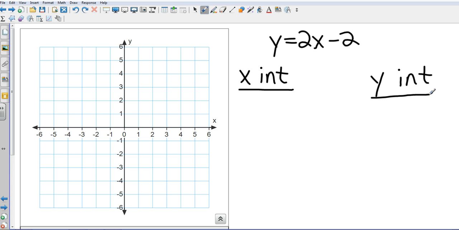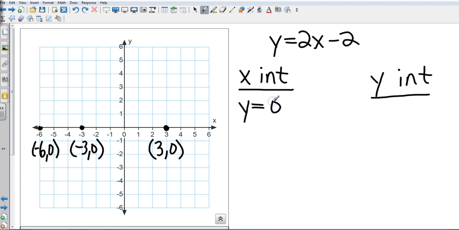If I hit the x-axis, that coordinate is 3, 0. And over here, this coordinate is negative 3, 0. And over here, negative 6, 0. Notice the zeros in the y place. So anytime I hit the x-intercept, my y value is 0.